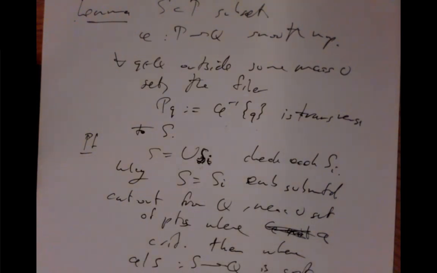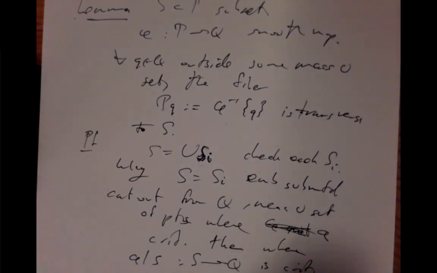That also is a measure zero set. So we've cut out the critical points of the map phi from P to Q, and also the critical points of phi restricted to S. So we can assume we're dealing with points at which phi restricted to S has full rank differential, and phi has full rank differential as well.